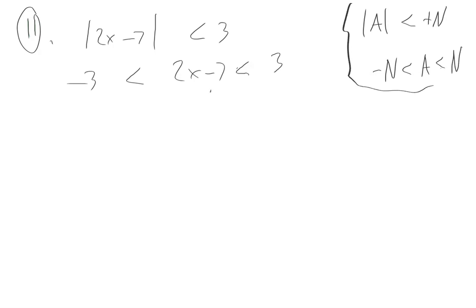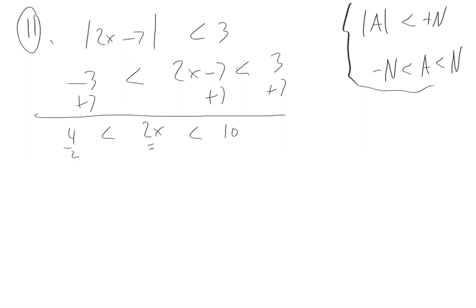Then I'll add 7 to both sides, and I'll get 4 less than 2x less than 10. Then divide by 2 on all 3 sides, and you'll get 2 is less than x is less than 5. You can combine that together.